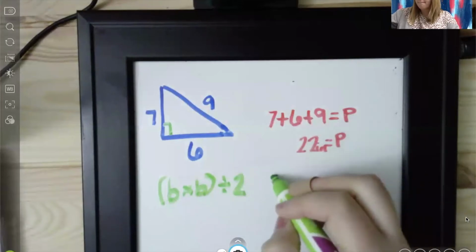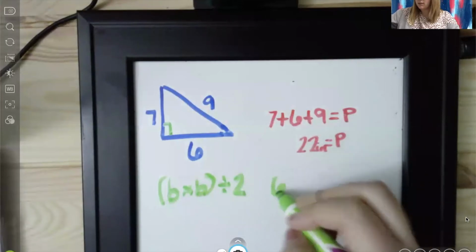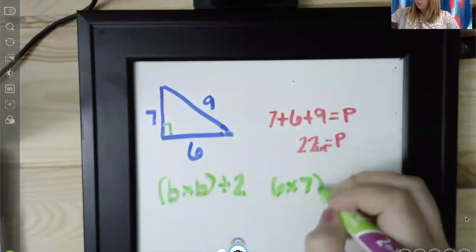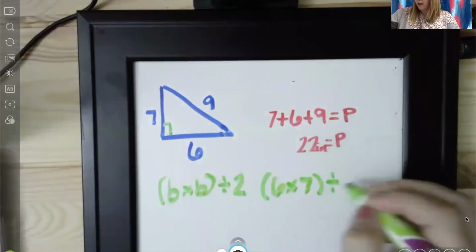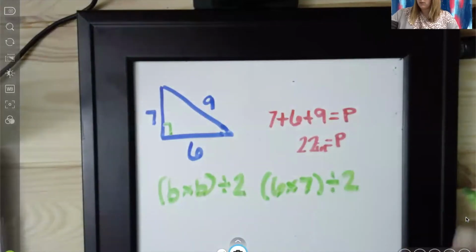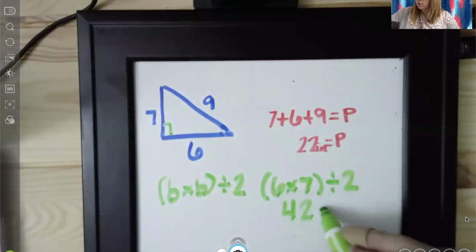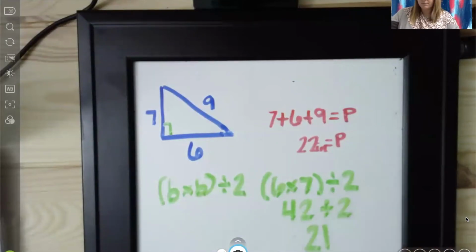Base is 6 times height is 7. Then we're going to divide that by 2. 6 times 7 is 42, divided by 2, it's going to give us 21. And it's squared inches. Again.